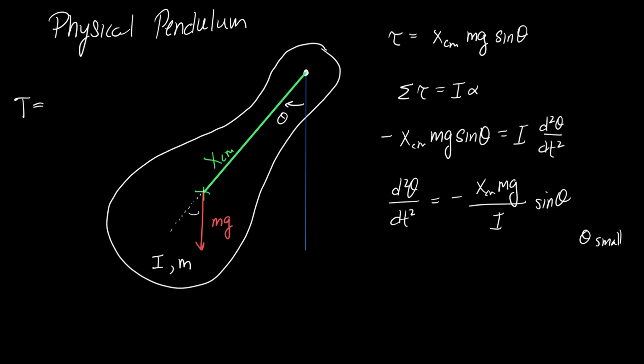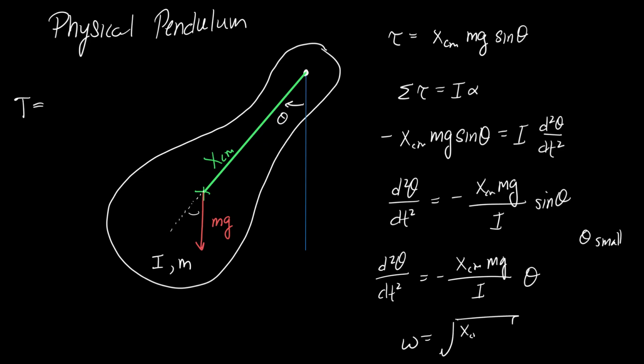And that allows me to make a substitution, which will change this to the actual differential equation that we know is solved by a sine or a cosine function. Once we have that, this is the term we're interested in. Omega has to equal the square root of x_cm m g over I.